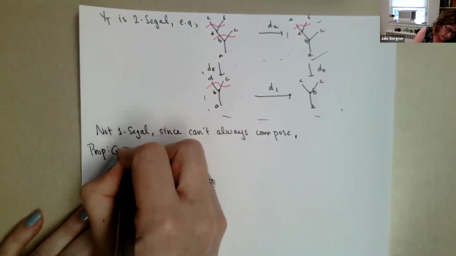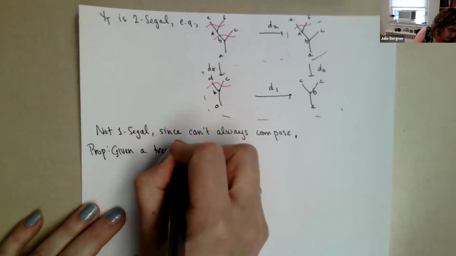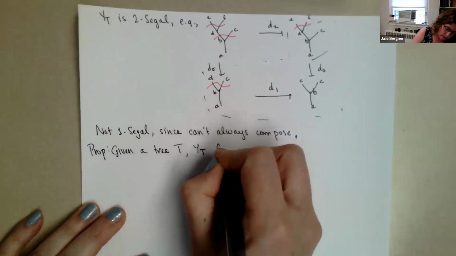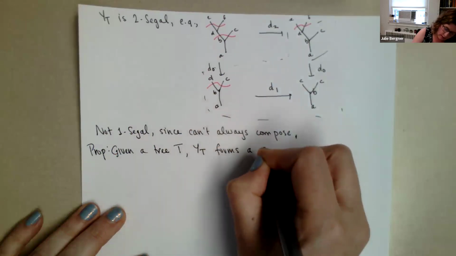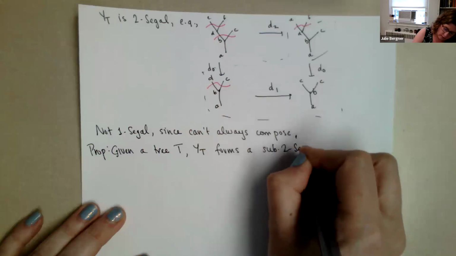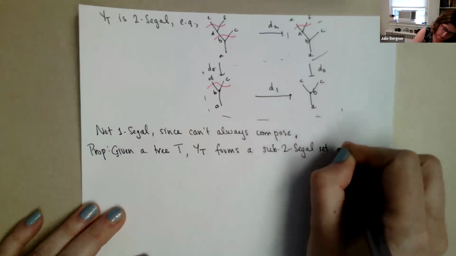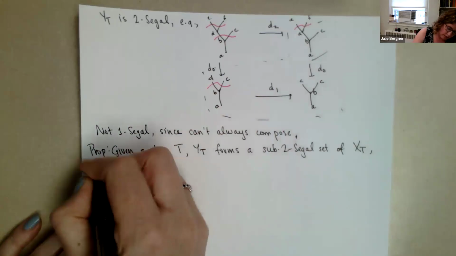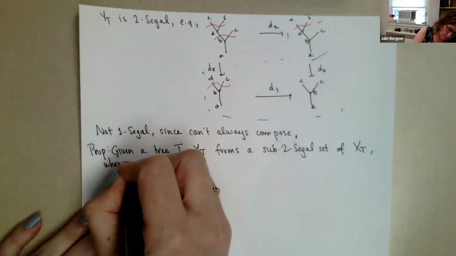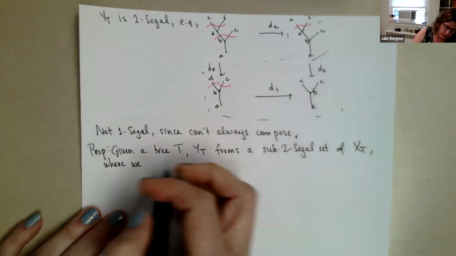So given a tree T, Y sub T forms a sub 2 Siegel set of XT, where the X was the notation for the graph.